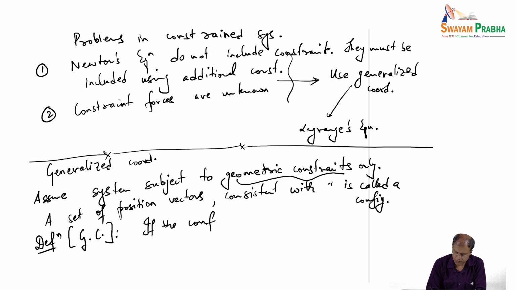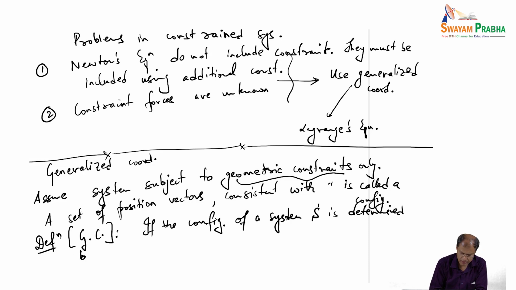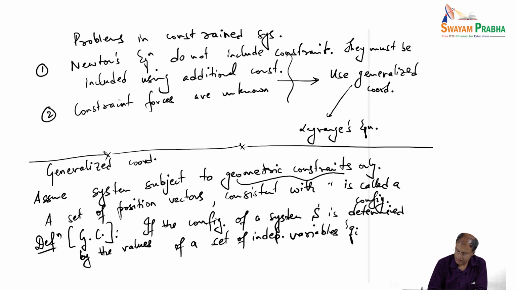If the configuration of a system S is determined by the values of a set of independent variables, qi's, then qi's are said to be the generalized coordinates of the system, right?